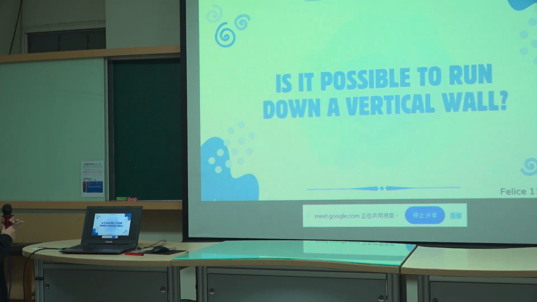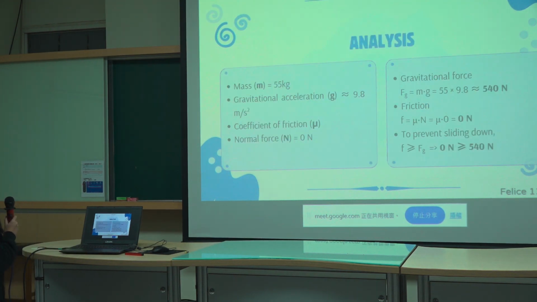So first, let's discuss the first problem. The problem: is it possible to run down a vertical wall? To answer the question, we need these parameters. From the internet, I found out that his mass is 55 kilograms, and the normal force will be 0 because he's just running down the wall without pushing into the wall. First, we need to find the gravitational force using the formula F equals mass times gravitational acceleration, and the result will be 540 Newton.